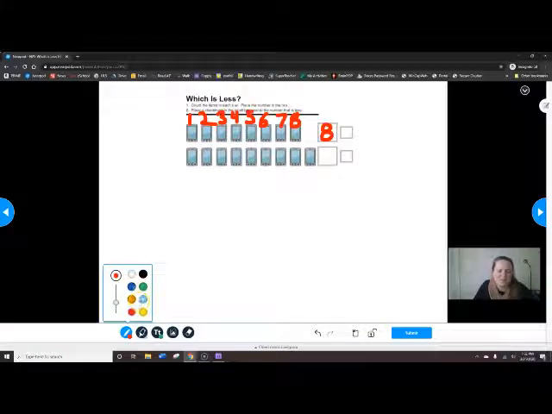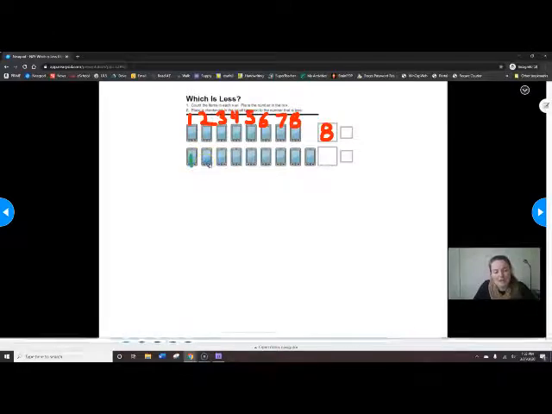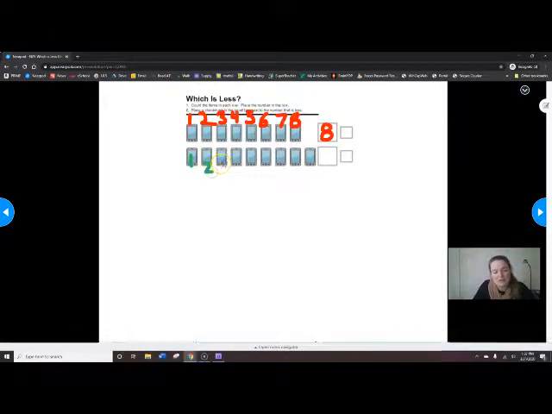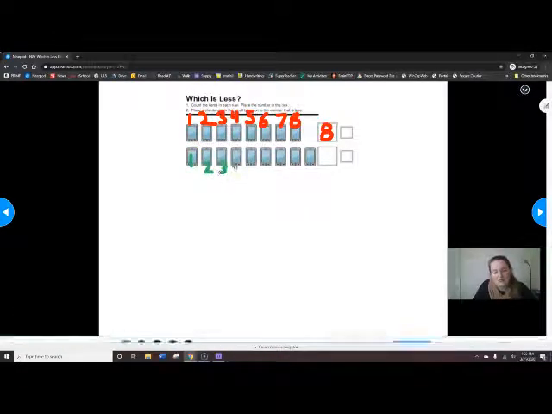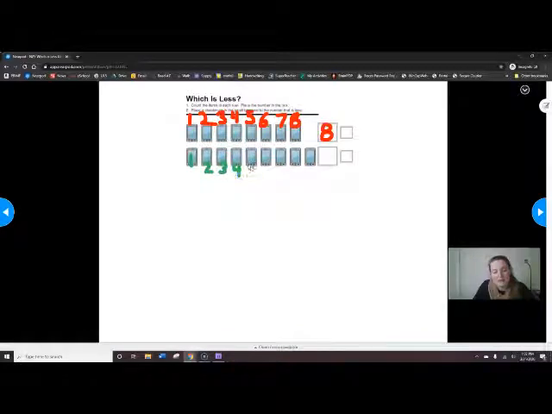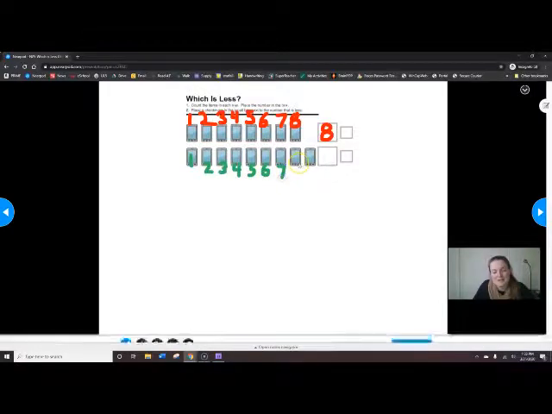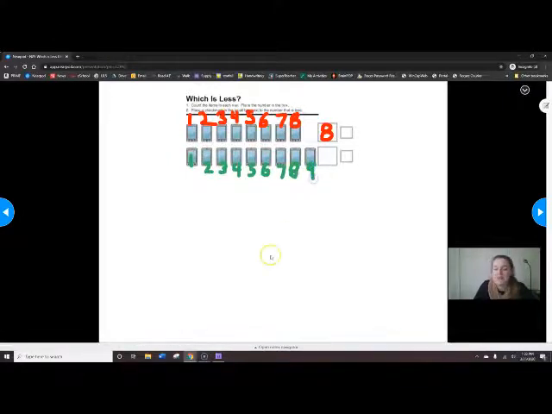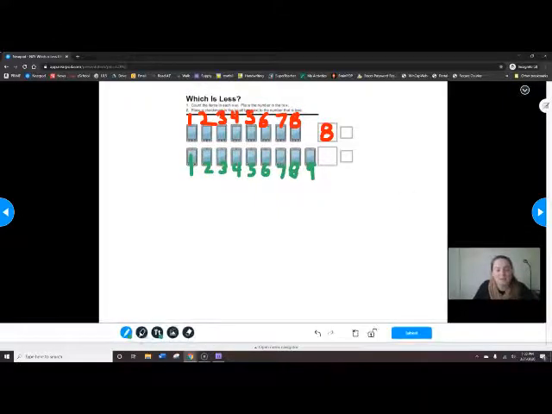Now let's count the number in the second row. I'm going to label them first. 1, 2, 3, 4, 5, 6, 7, 8, and 9. So let's count together.